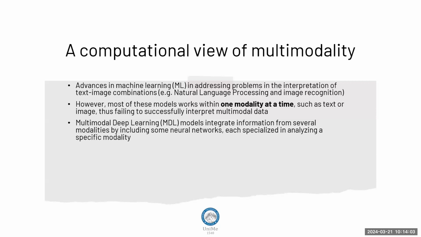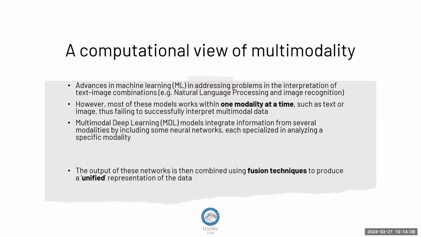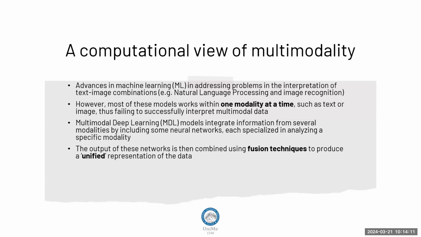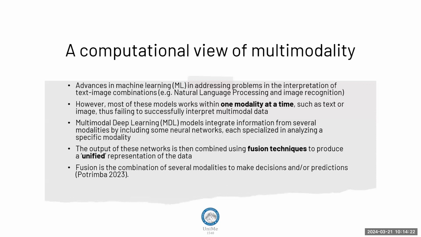And again, typically the language modality. They are much more trained on this. The output of these networks is then combined using fusion techniques to produce a unified representation of the data. Fusion, the key concept, is the combination of several modalities to make decisions or predictions.